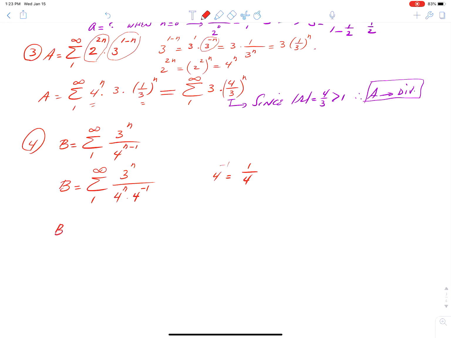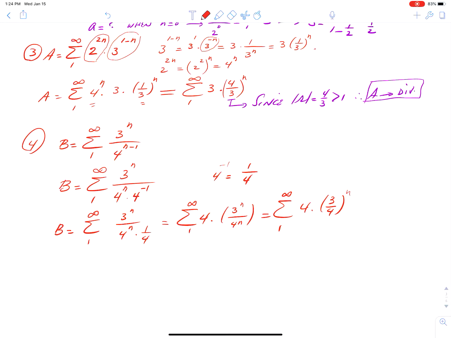So now B can be written as 3 to the n over 4 to the n, times 1 over 4. 1 over 4 kind of flips itself when it goes on top. So it becomes 4 times 3 to the n divided by 4 to the n, or we can call that 4 times 3/4 power n.